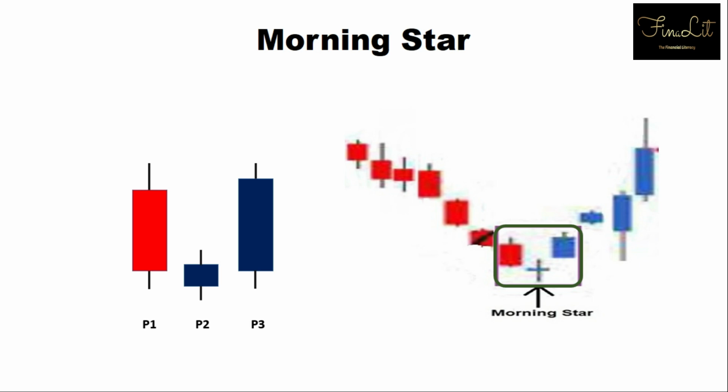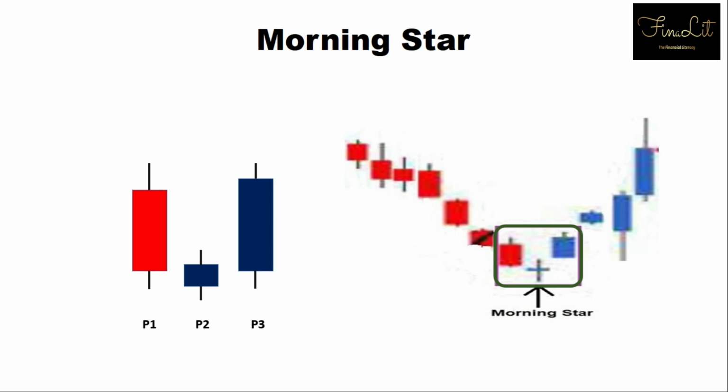To validate the formation of a morning star on P3, the following conditions should be satisfied. P1 should be a red candle. With a gap down opening, P2 should be either a doji or a spinning top.